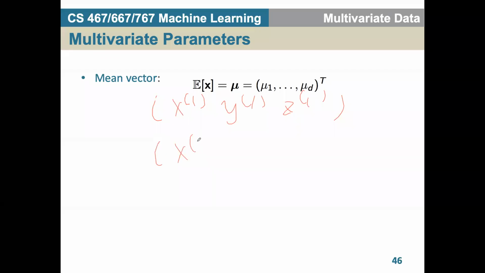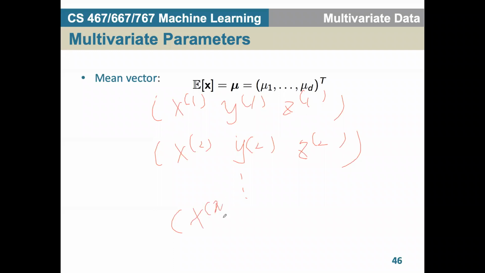This is the second point, x2, y2, z2, and all the way you have n 3-dimensional points, xn, yn, and zn. What will be the mean point of them? For example, what will be the first dimension?